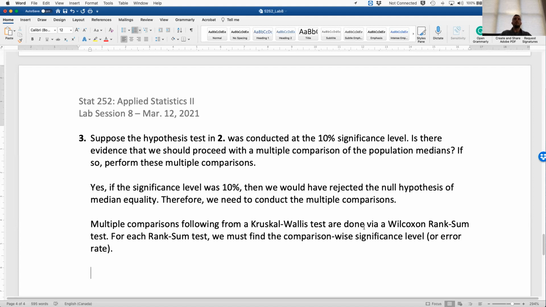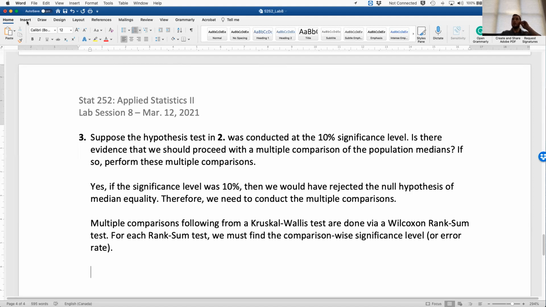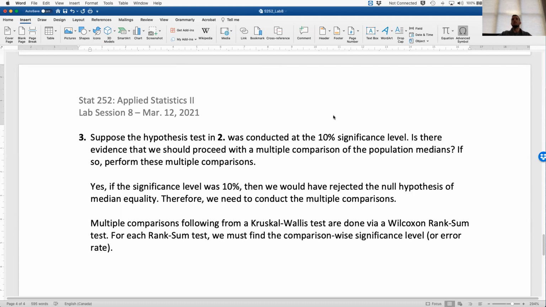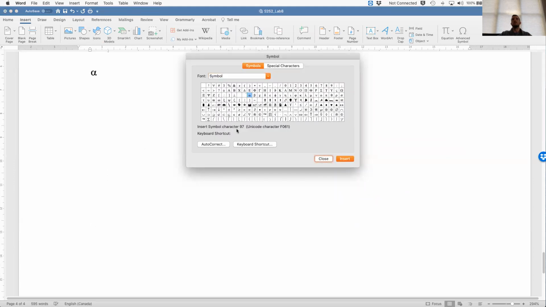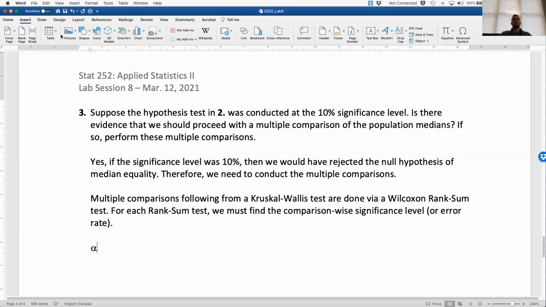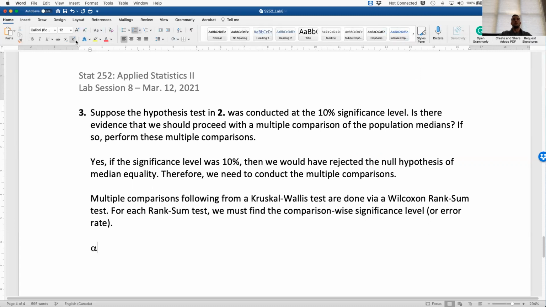This is going to be alpha star, or actually we'll call it alpha I, which is equal to alpha E divided by 2m. m is equal to the number of treatment groups choose 2, which is 3 choose 2, which is equal to 3.